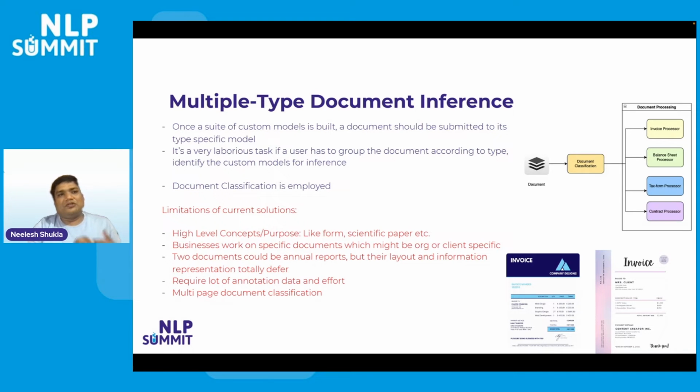Usually the current work uses RVL-CDIP, which uses high-level concepts like forms and scientific papers. A generic form can be used for invoices, W8 forms, IRS forms, tax forms, etc. But if you try to use a model trained on a generic form data set, it doesn't work well.